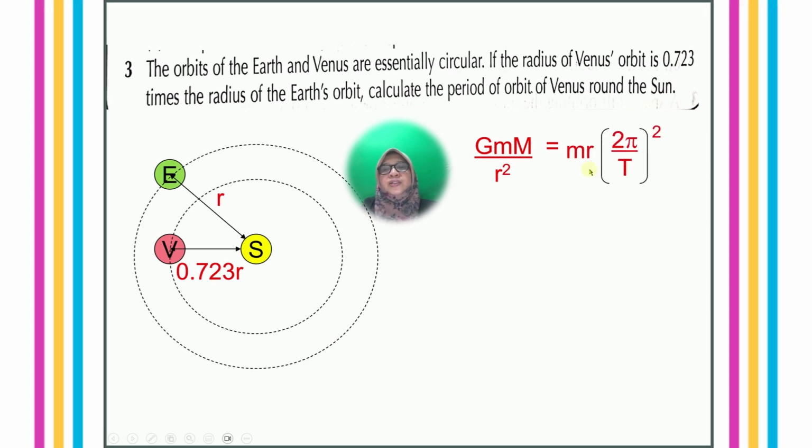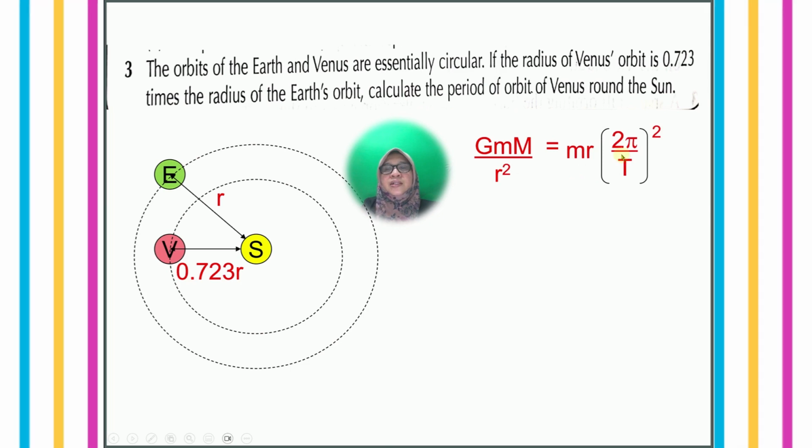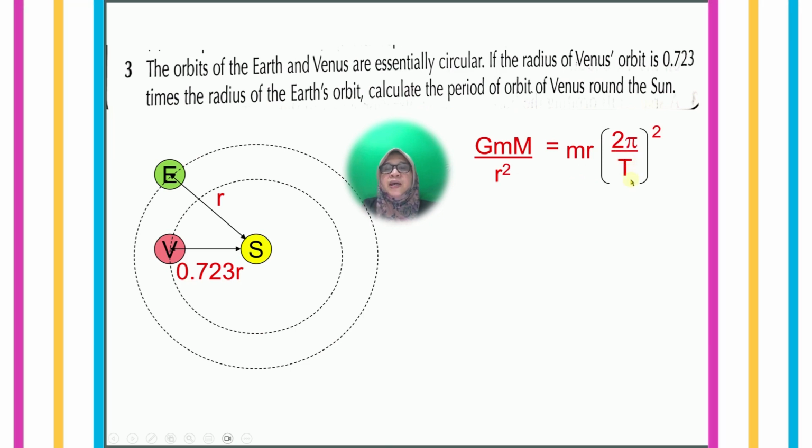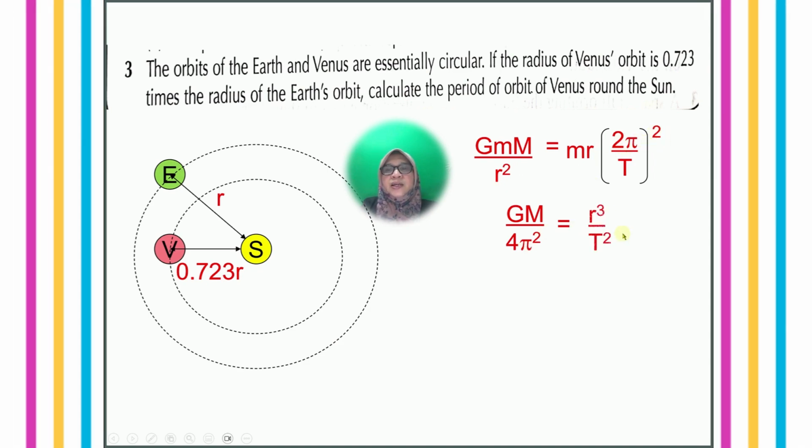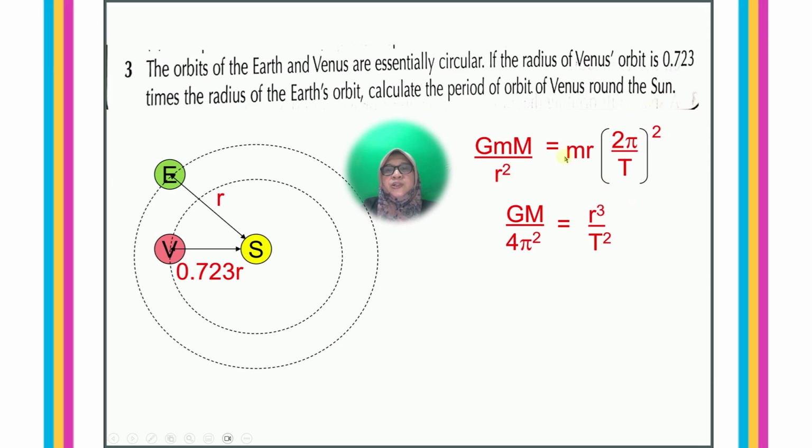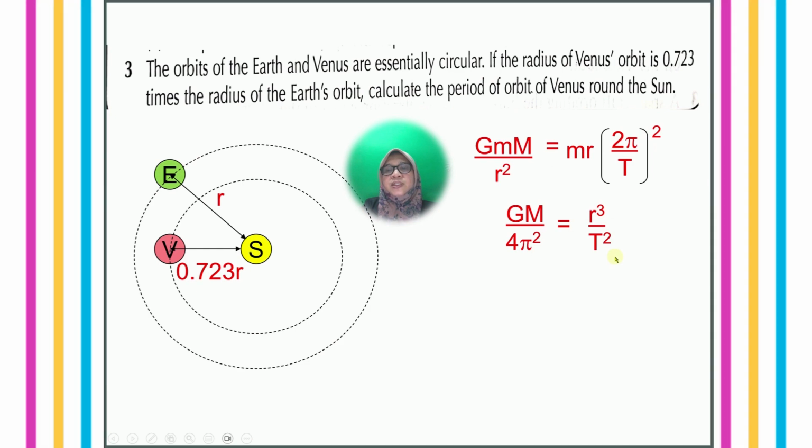Okay, so the omega, angular frequency, will be 2 pi over T, and we cross multiply. Okay, so 2 pi here becomes 4 pi squared, because of the square here, and then we cross multiply. So r cubed over T squared.